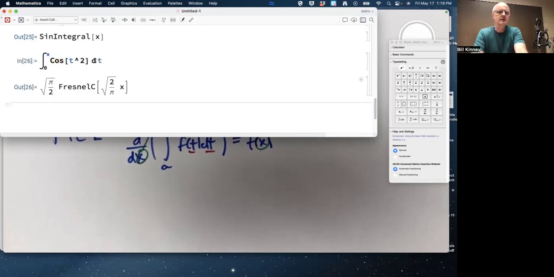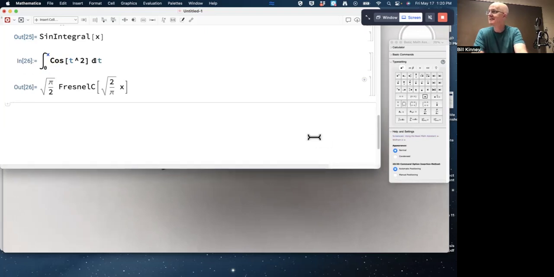What is it? It's that. Square root of pi over 2 Fresnel C of square root of 2 over pi x. Now you know. Okay. What is Fresnel C? That's just a function. You just never heard of it before. Somebody named Fresnel defined it this way, I guess.